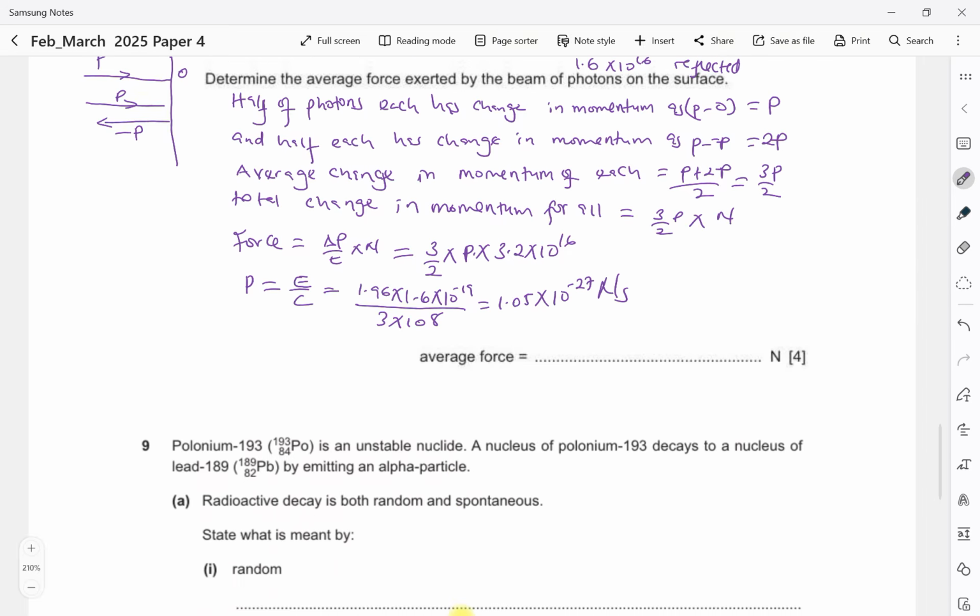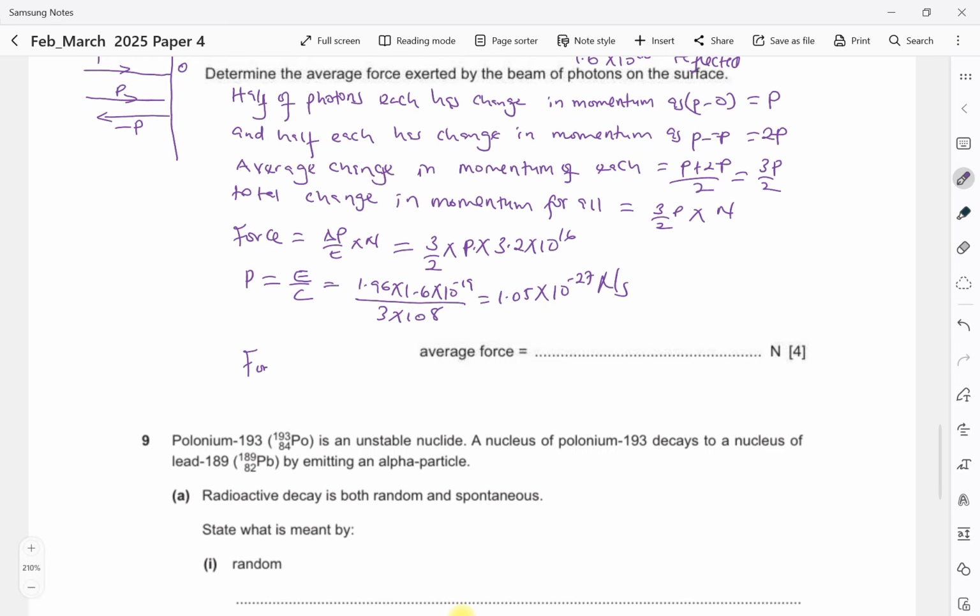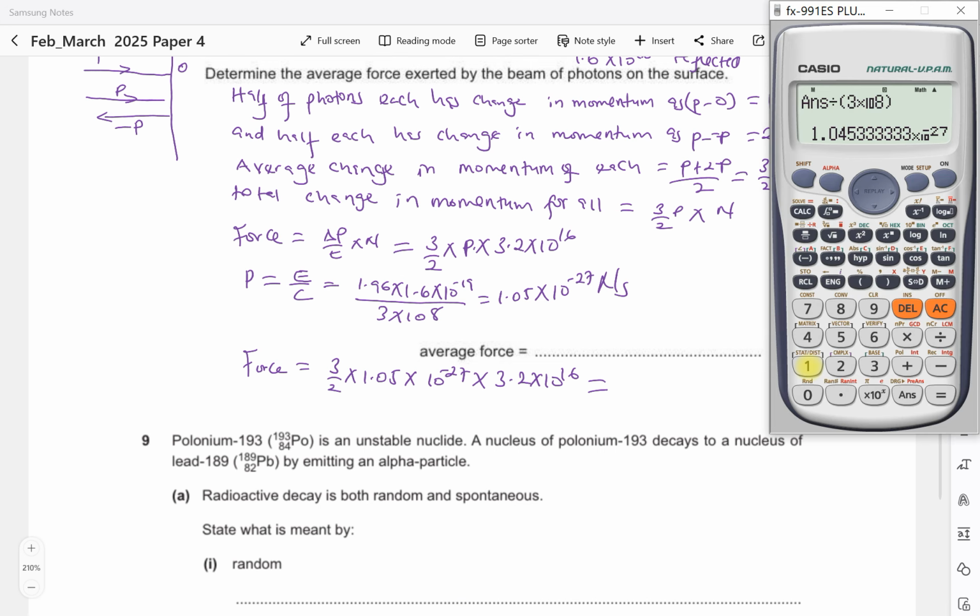Newton seconds. So that means that the average force is going to be 3/2 times 1.05 times 10 to the power of minus 27 times 3.2 times 10 to the power of 16, times 3 divided by 2.